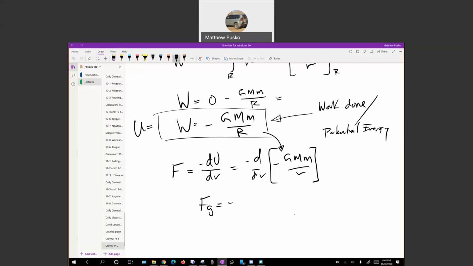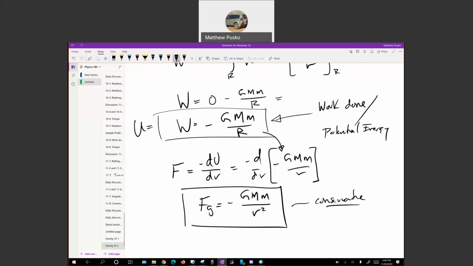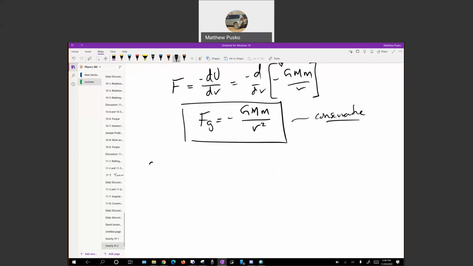If you ever forget one, you can figure it out from that. It works for any force, right? Any conservative force. And what do I mean by conservative? Conservative means path independence.